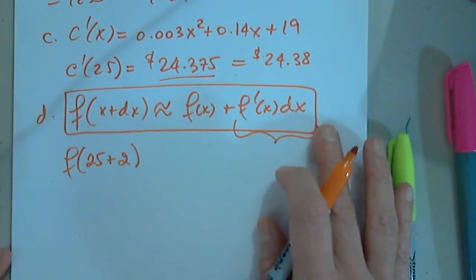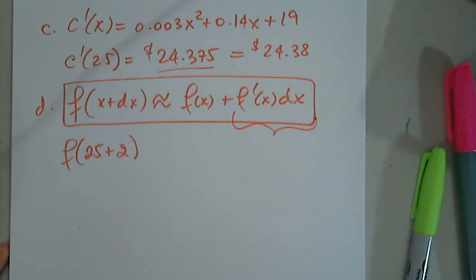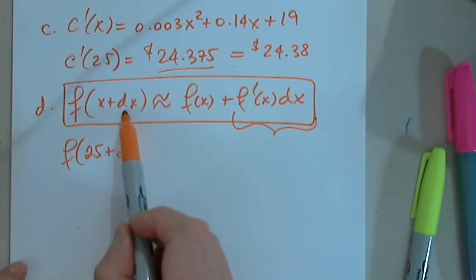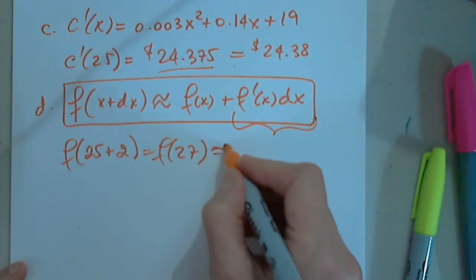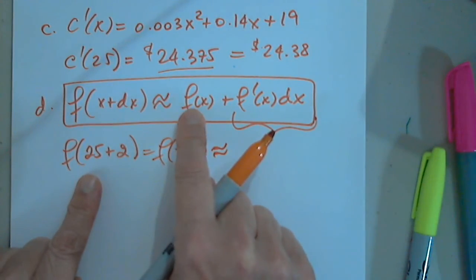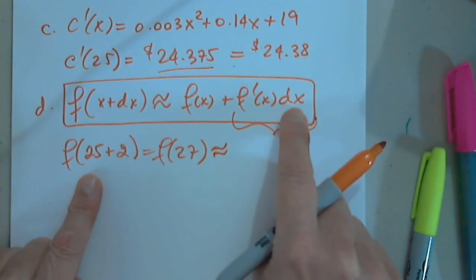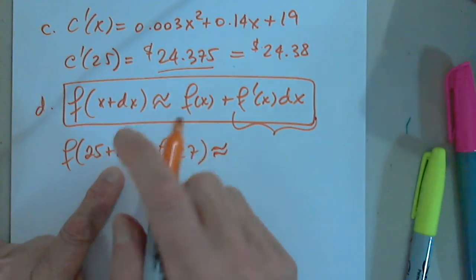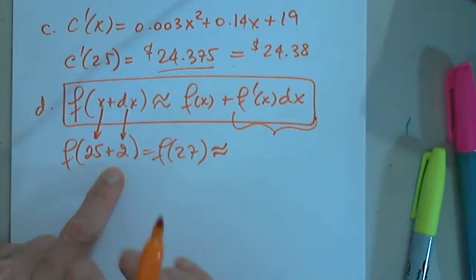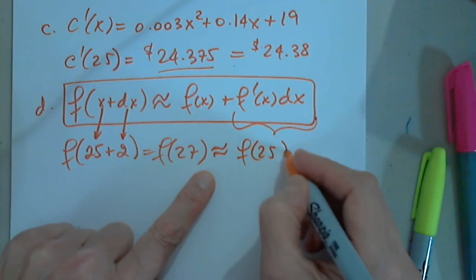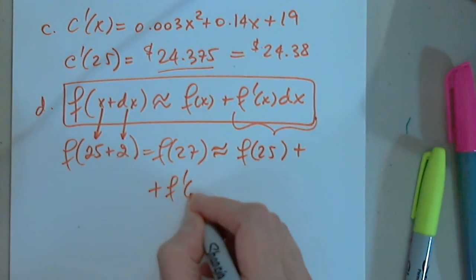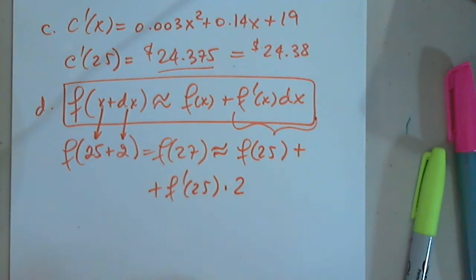Let me write the whole relationship first. So 25 plus 2 is really f of 27, which is approximately f of 25 plus f prime of 25 times dx. So this will be f of 25 plus f prime of 25 times 2.